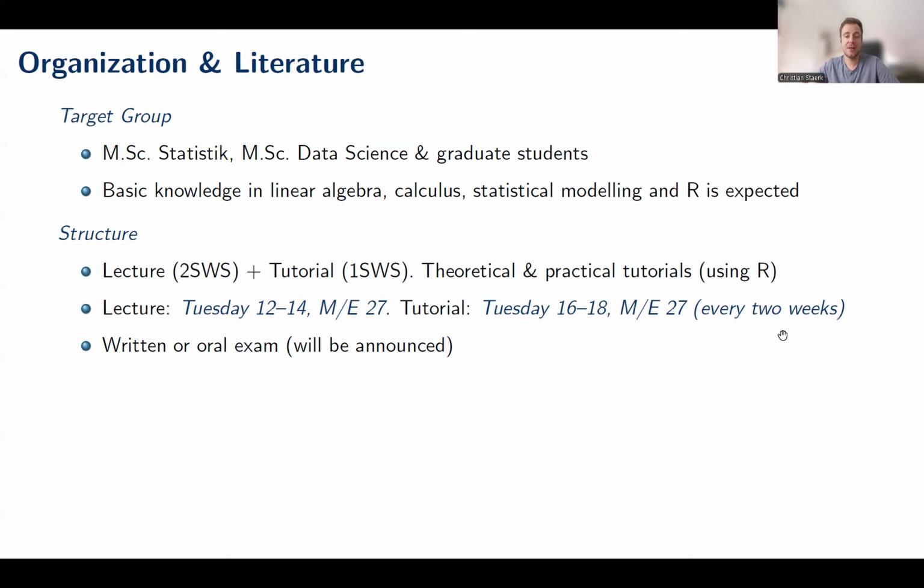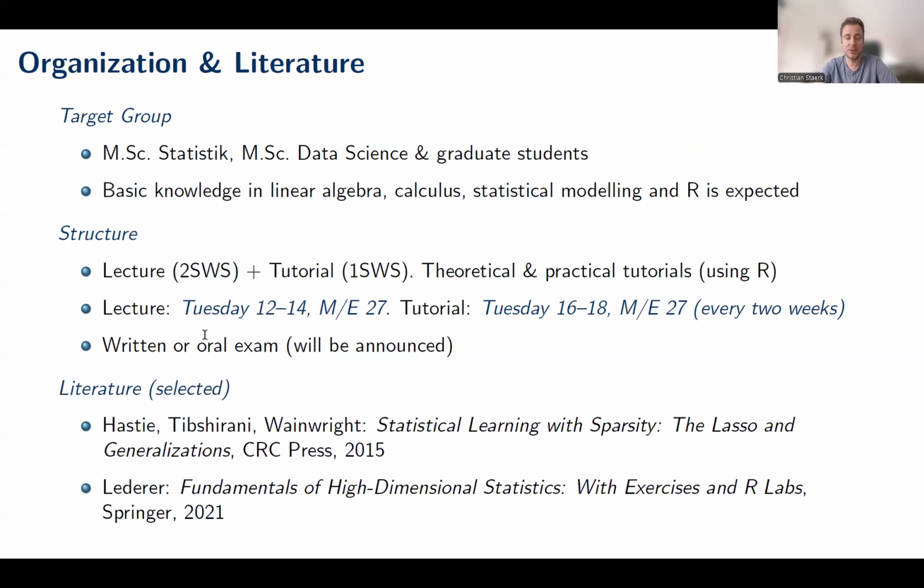These are already the timings. The tutorial will include both theoretical and practical parts using R. We will decide about a written or oral exam depending on the number of enrolled students.